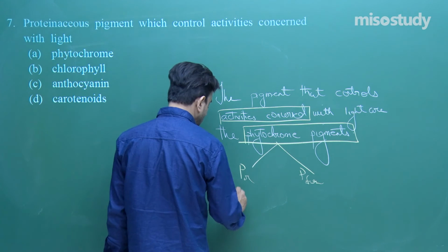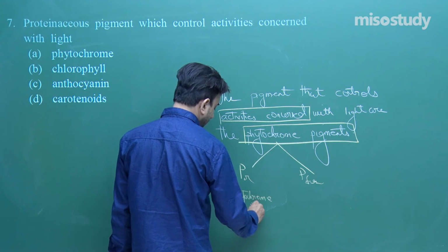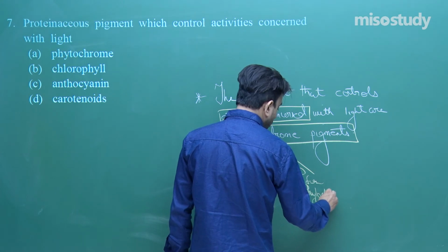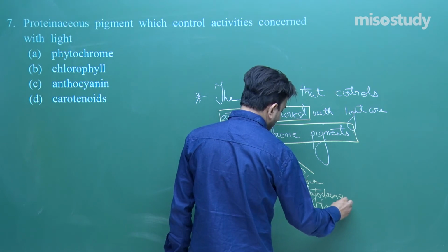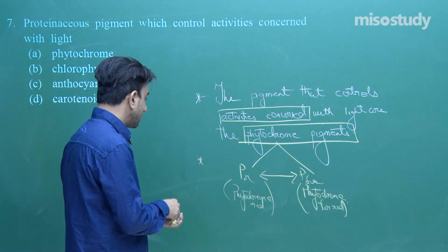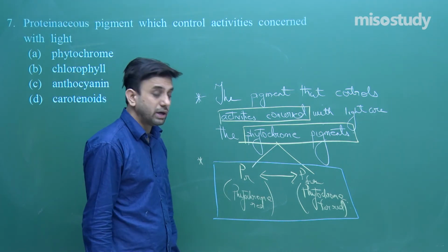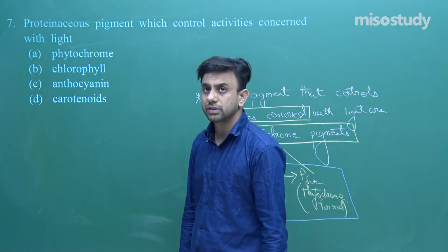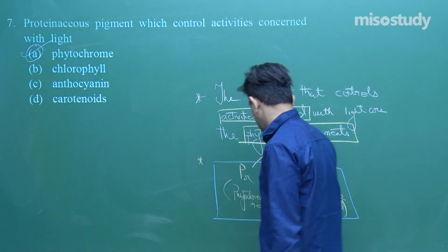So PR stands for phytochrome red, and PFR stands for phytochrome far red, and both are interconvertible. Hence the correct answer for this will be the phytochrome.